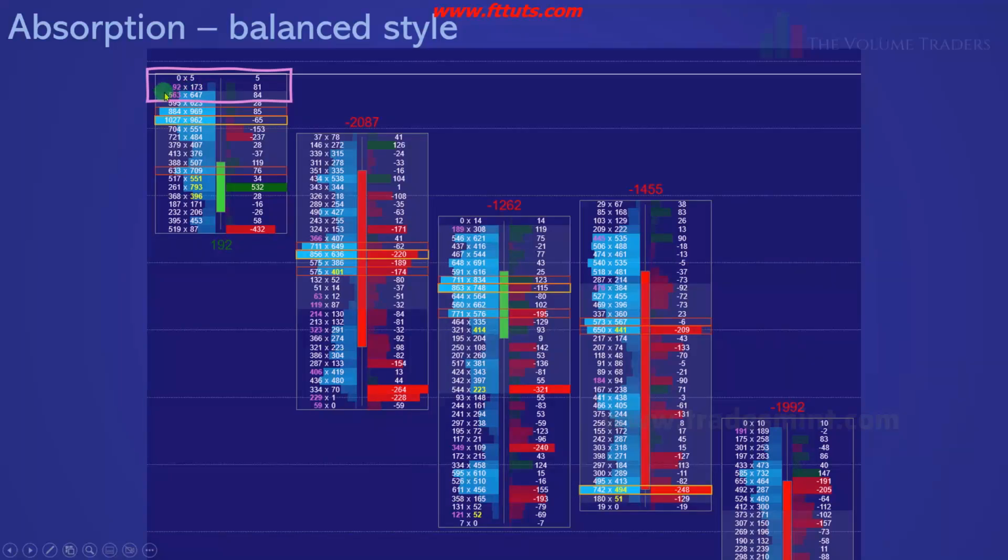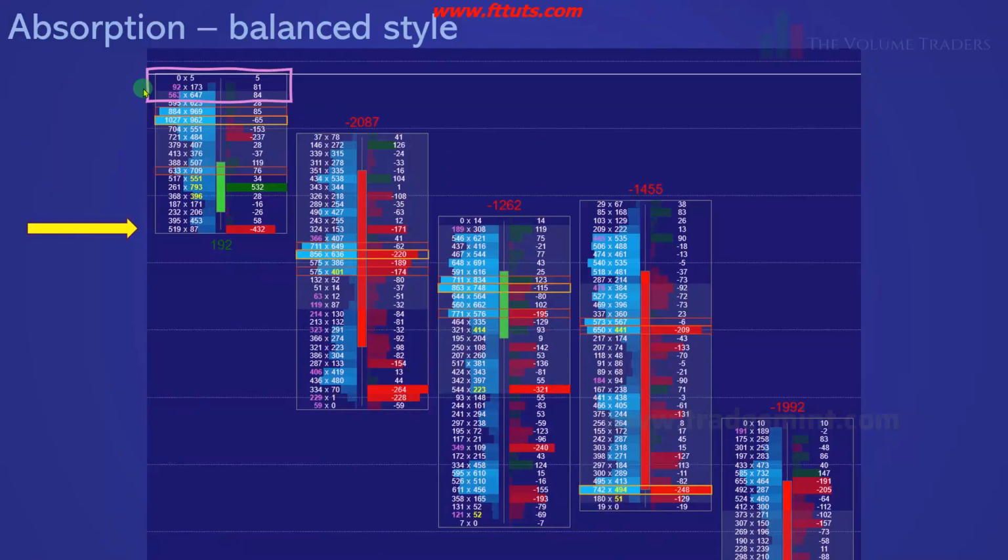Yes, so when I see such a reaction, I'm more than happy to wait to see what will happen in the closure of this candle, where I will find the strongest, most aggressive sellers. And that happened here.